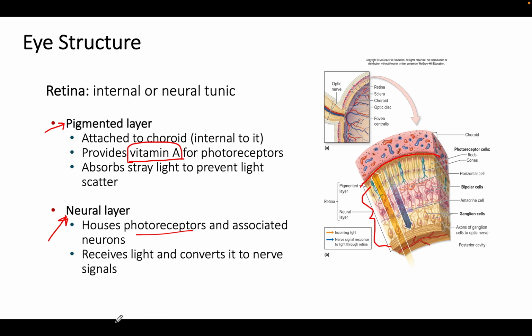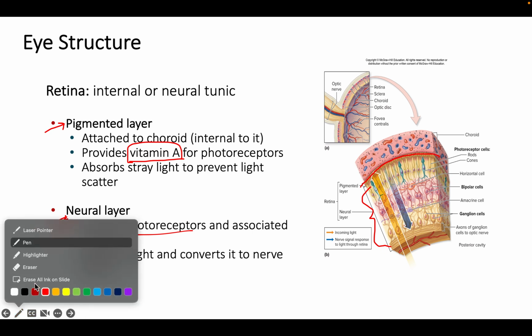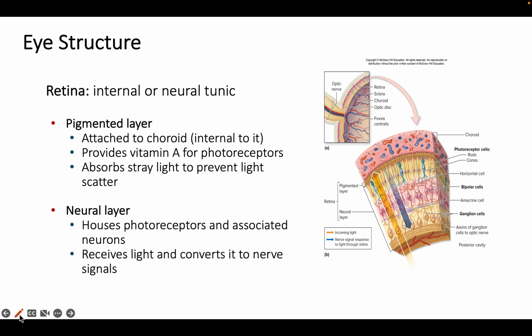One unique thing about our retina is the direction that light passes through it initially. Here's our pigmented layer, right? Here's our neural layer. Light is coming from here. So say your pupil was up here.